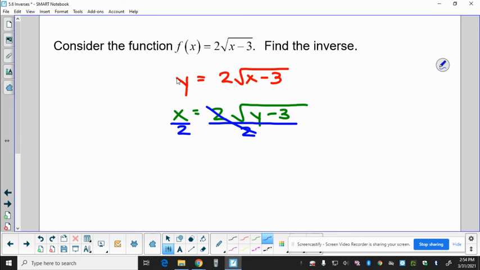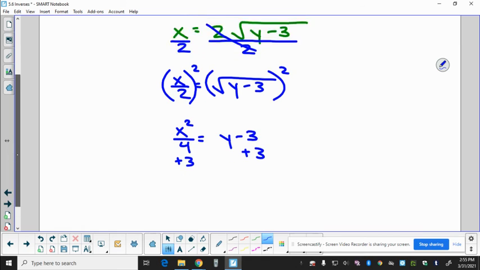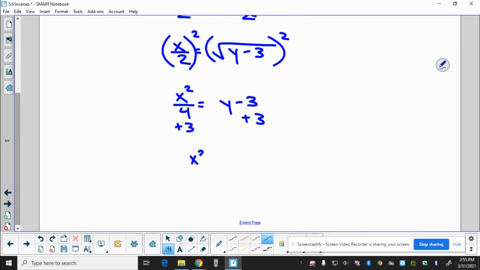So over here it's x over 2 or 1/2 x. But we need to get rid of that square root next, so I think I'll square both sides of the equation, which will give me x squared over 4 equals y minus 3, and then add 3 to both sides. So x squared over 4 plus 3 is the inverse.